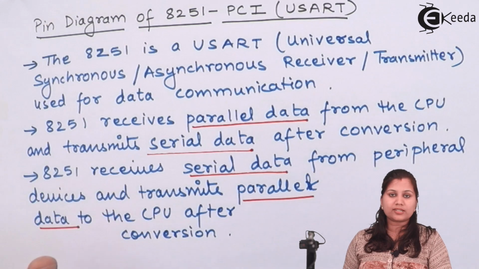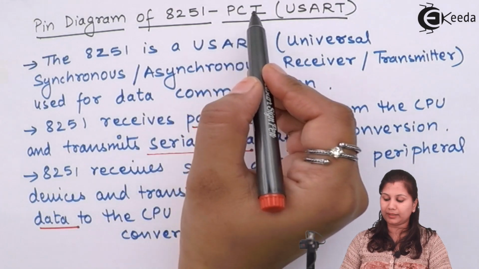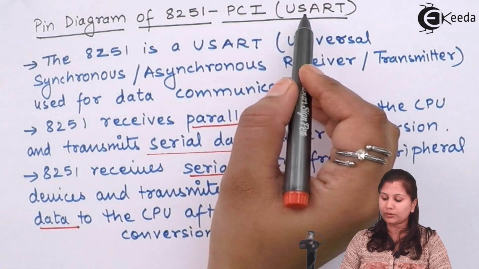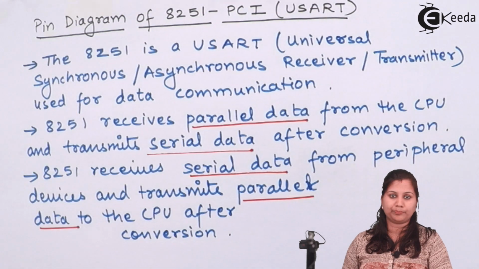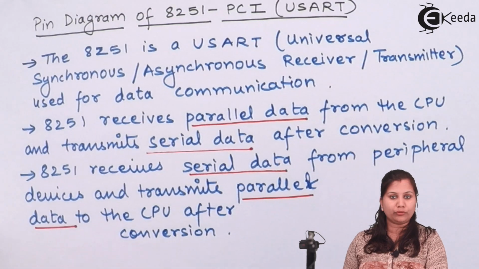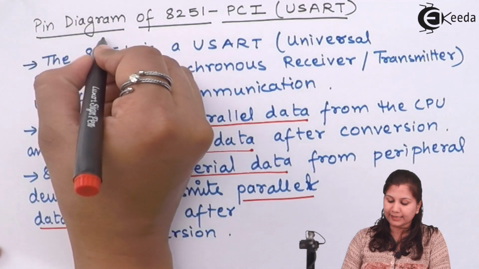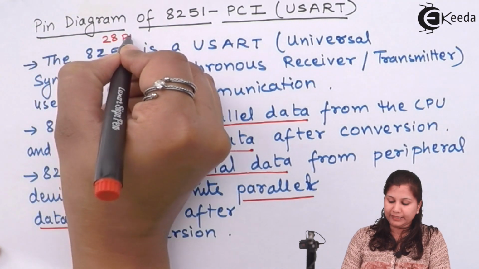So this is just a general introduction of the 8251 Programmable Communication Interface, also known as USART. In this video we will study the pin diagram. So let us come to the pin diagram of 8251. This 8251 IC has 28 pins.